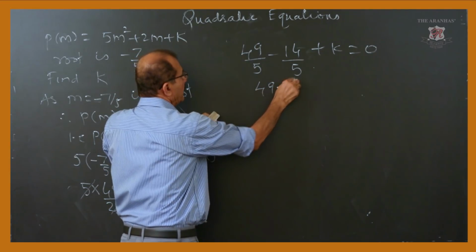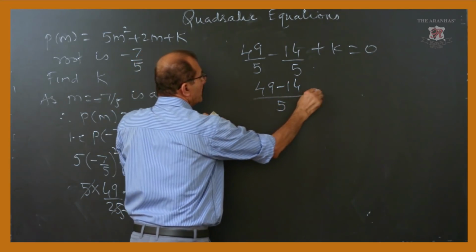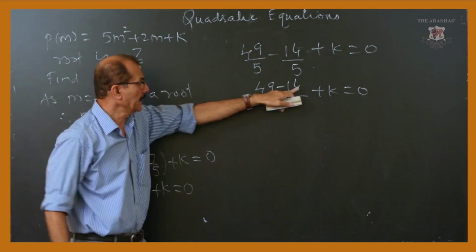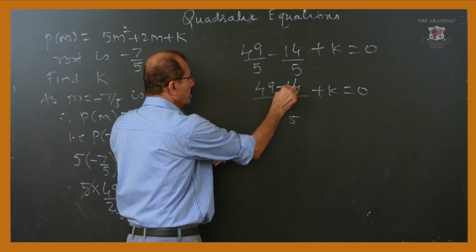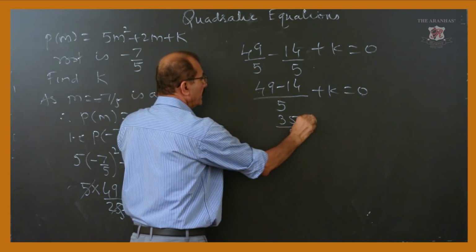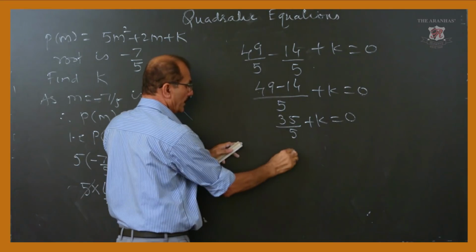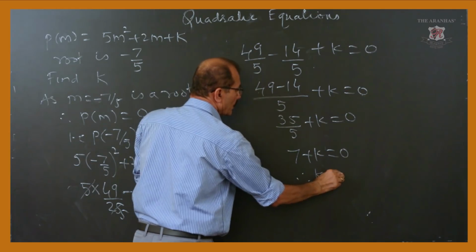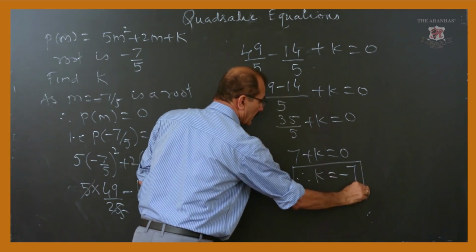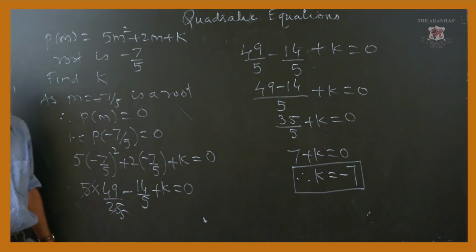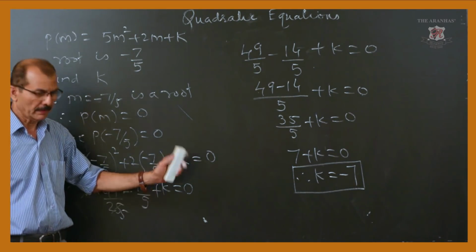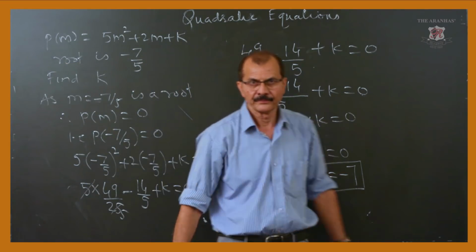So, 49 minus 14 upon 5 plus k is equals to 0. 9 take away 4, 5, 4 take away 1, 3 upon 5 plus k equals to 0. So, 7 plus k is equals to 0, therefore, k is equals to minus 7. This completes your sum. I hope you have understood this, right.